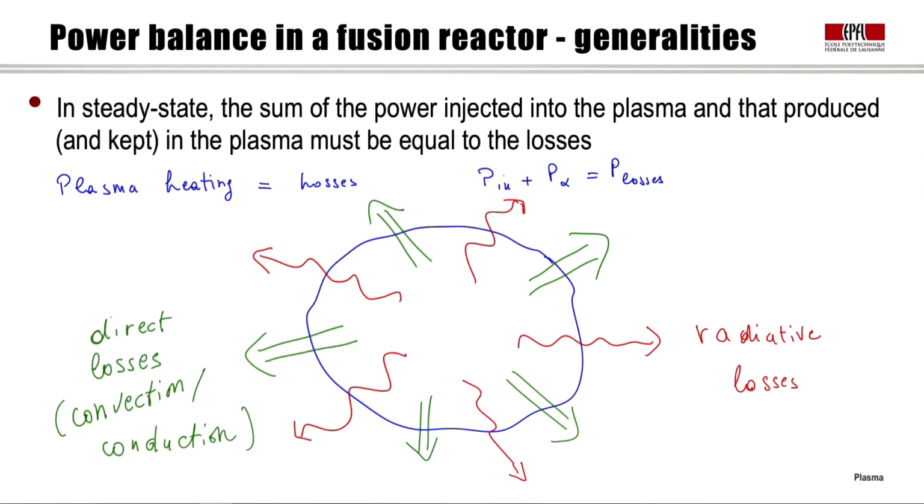So if I want to complete my little picture here with the overall balance, I need to consider that in the core of the plasma we have the alpha heating, P alpha, and that coming from outside we also have the input power, heating that we produce from outside and inject into the plasma. So this is now the power balance with the two kinds of losses, radiative and direct, and the two sources of heating for the plasma, again, power from outside and the alpha particle power from the fusion reactions themselves.